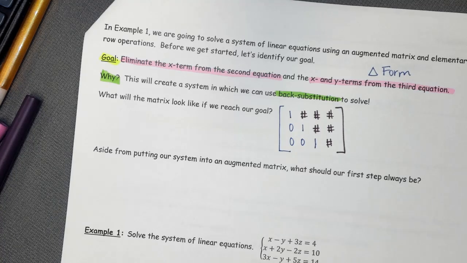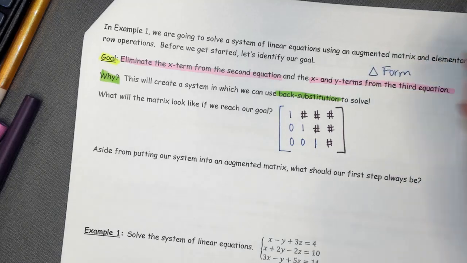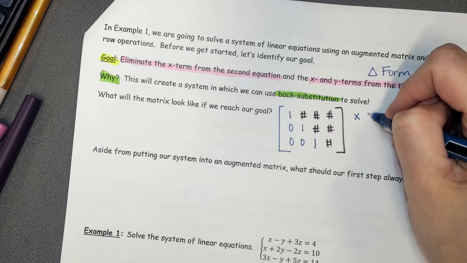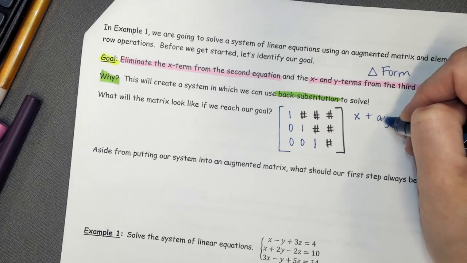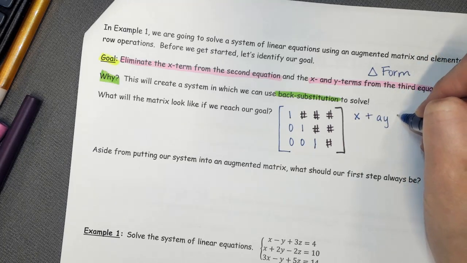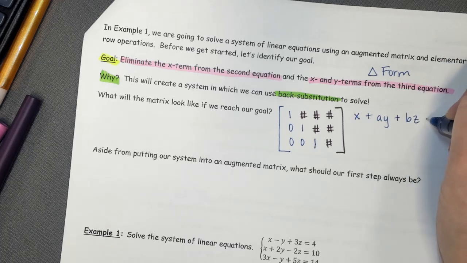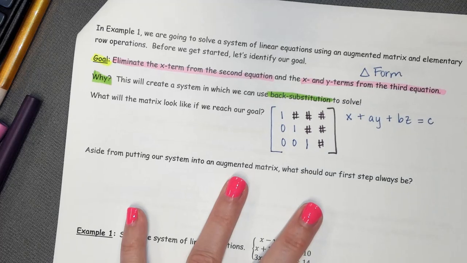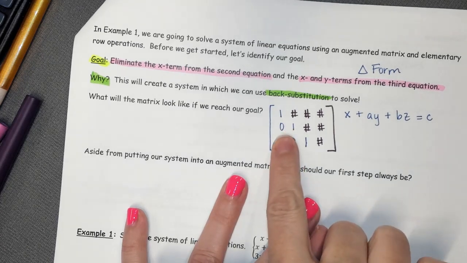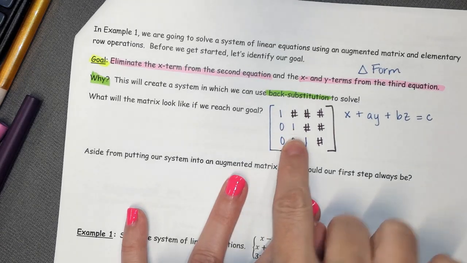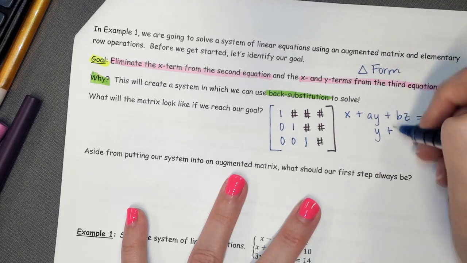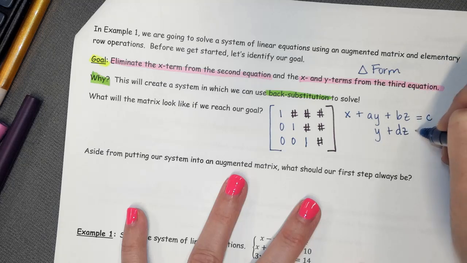Okay, and the reason why we do that is so you get a system where you have x plus some y value, so we'll just make the coefficient a, plus some z value, and that's going to equal some constant term c. And then in this row, if you don't have an x, if you just have a 1 in front of the y, you have y plus some coefficient of z, which we'll call d.